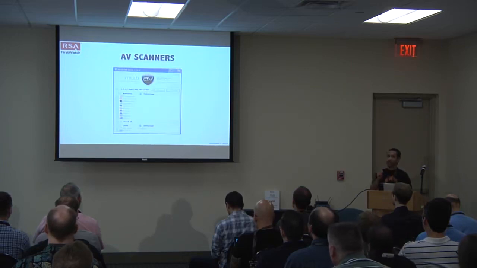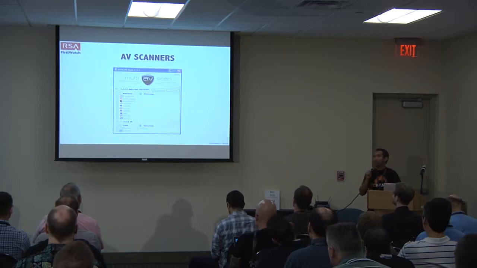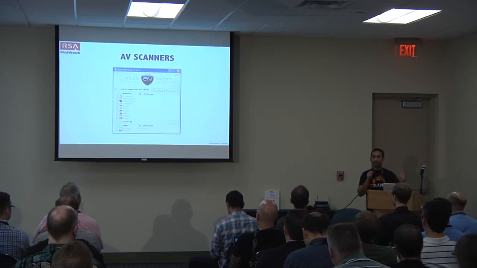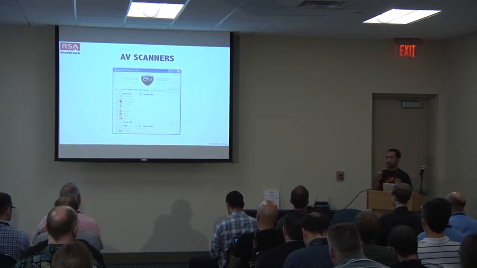So AV scanners. AV scanners are used for quality assurance purposes. Now, if it's a highly funded attacker group, they could have different virtual machines that have different security products installed so that they could submit all their creations there and see whether it's detected or not.